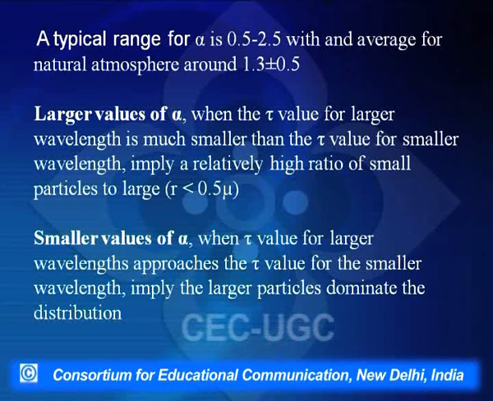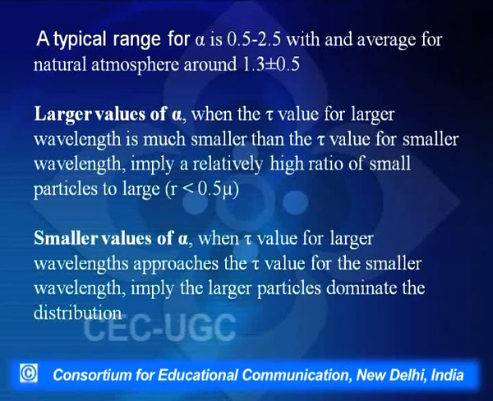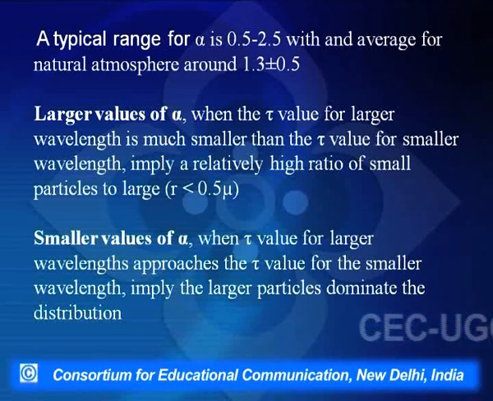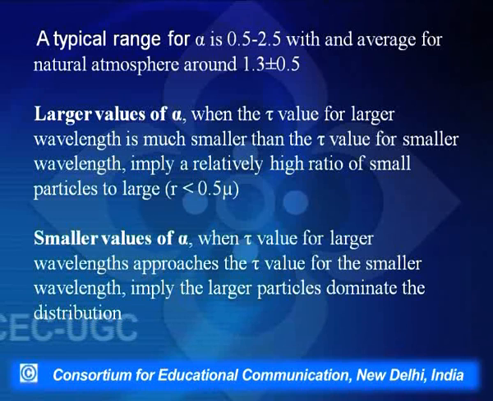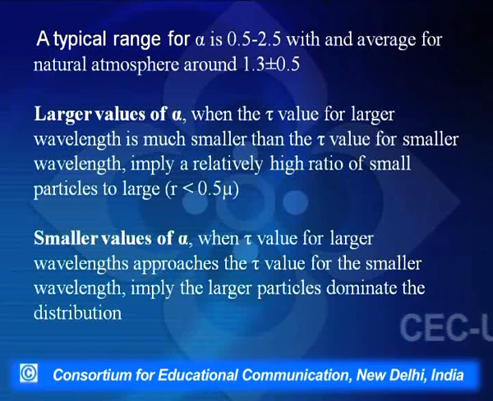I mean, the distribution is biased towards the smaller particles. And what happens when the value of alpha is small, provided the AOD value for a larger wavelength is more or less equal to the AOD value for the smaller wavelength? It implies that the larger particles, or the particles having larger diameters, dominate the distribution.